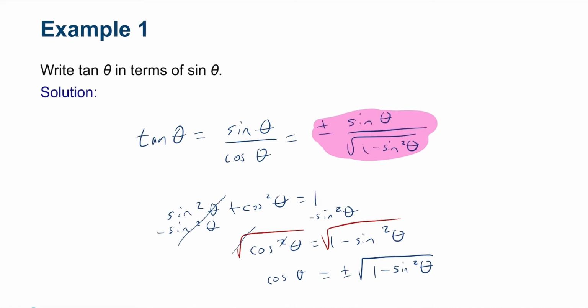And the plus minus just depends on what quadrant theta ends up being in. If it's in quadrant 1 or quadrant 3, then it would be plus. If theta is in quadrant 2 or 4, that means tangent would be negative in those two quadrants. So it just depends where that theta lies, which quadrant.